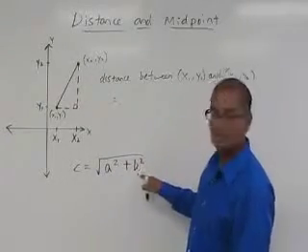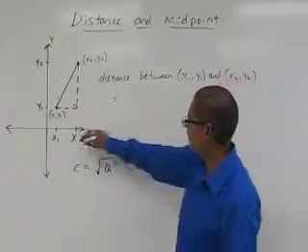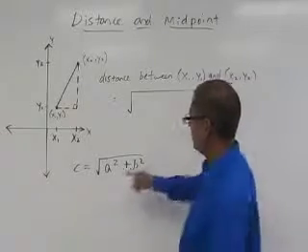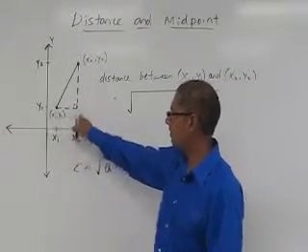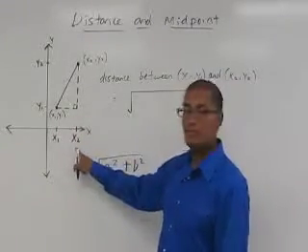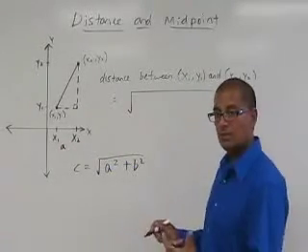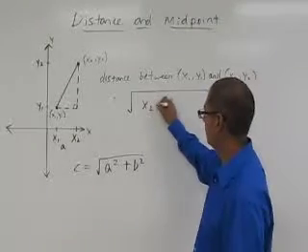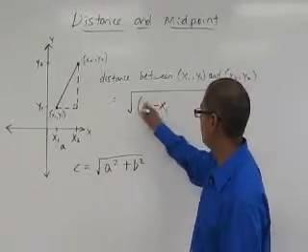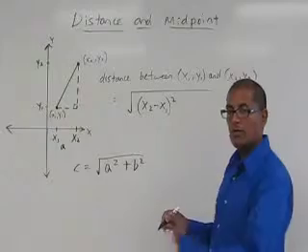What are the distances of the legs? We're going to have a square root here. A squared: think of the horizontal distance between x1 and x2. The distance between those two is x2 minus x1, so we'll have x2 minus x1 squared. That's the horizontal leg.